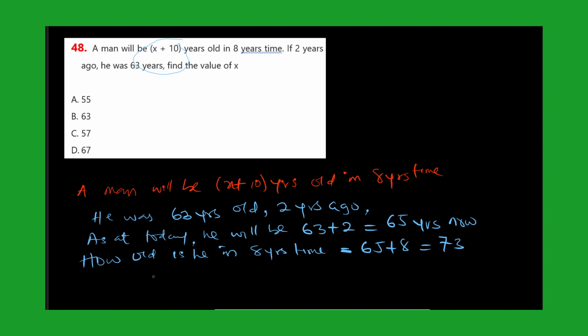So x plus 10 equals 73. Then x equals 73 minus 10, which is 63. So our answer here is B.